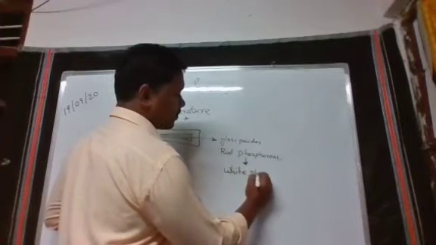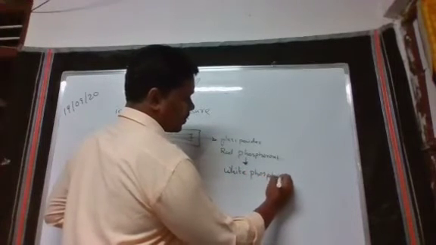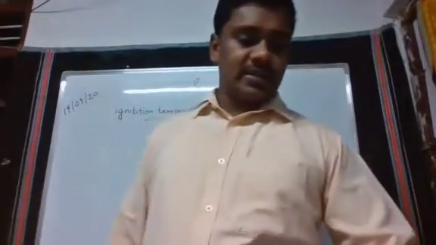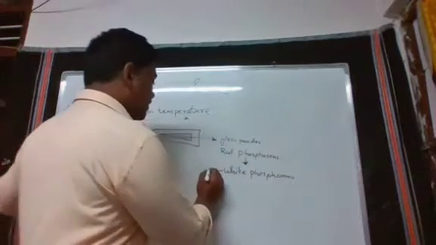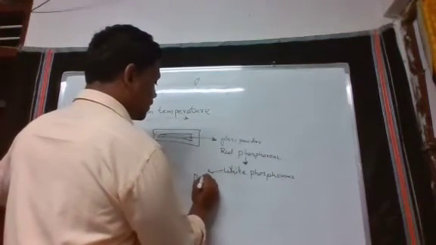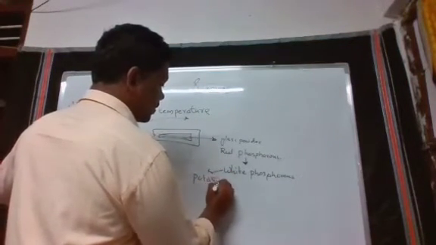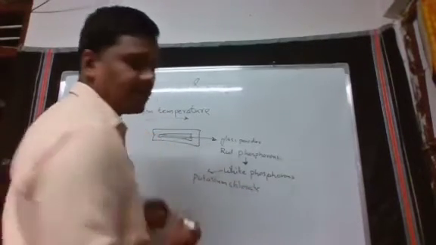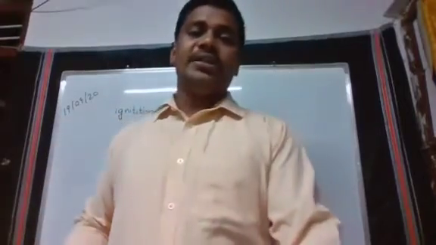On rubbing, potassium chloride and antimony trisulfide are there in the matchstick, and glass powder and red phosphorus are there on the side of the matchbox.